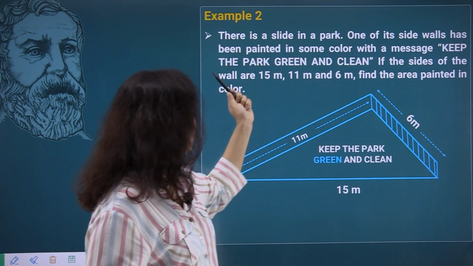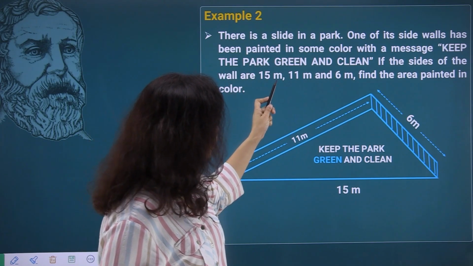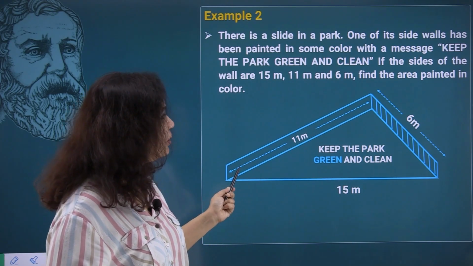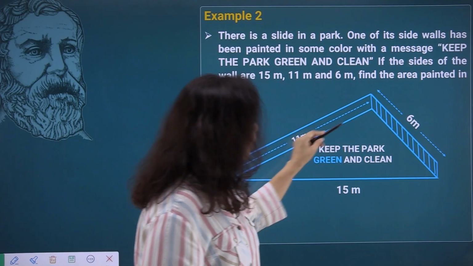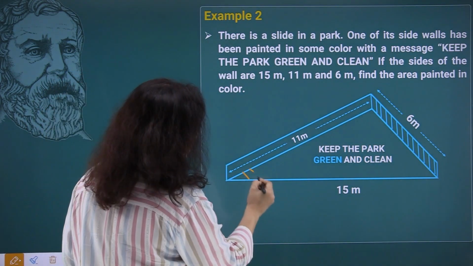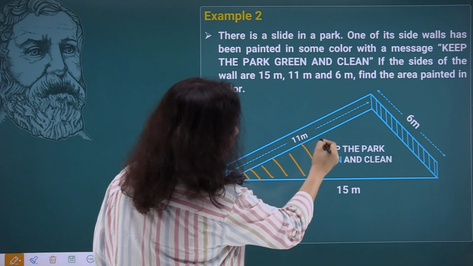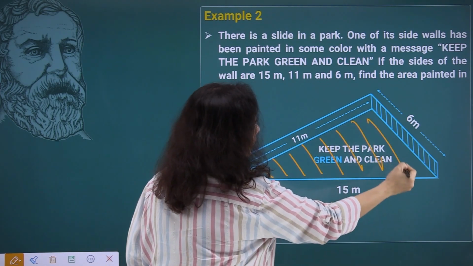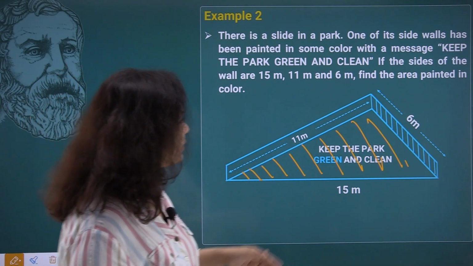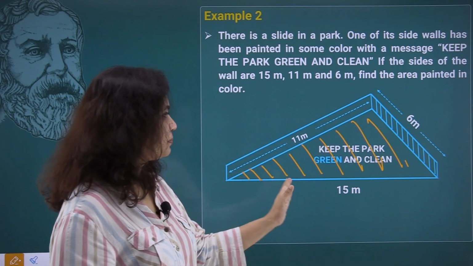If the sides of the wall are 15 meter, 11 meter and 6 meter as shown in the diagram, find the area painted in color. So, this is basically the area which we have to calculate, and these are the side walls.